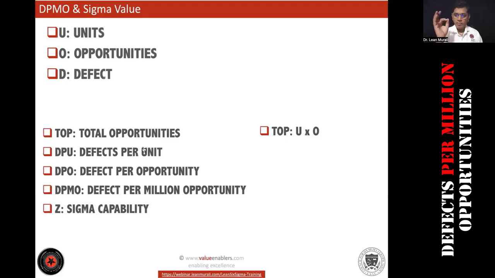Type number of units, which is 10, into 3 opportunities, which is 30 opportunities. I want you to understand that 10 is units and O is total number of opportunities, because later I will say defects per opportunity and defects per unit. There are only 2 things: total opportunity and total units, and defects per unit, defects per opportunity.